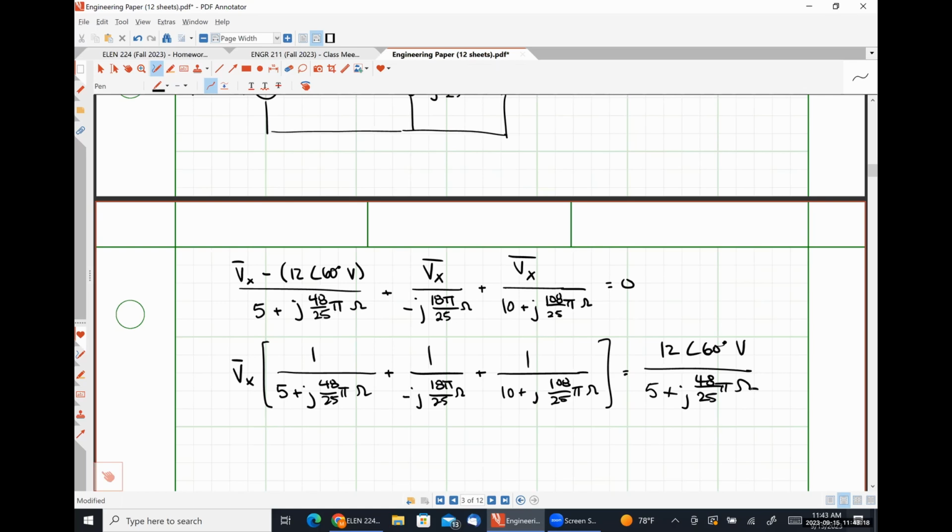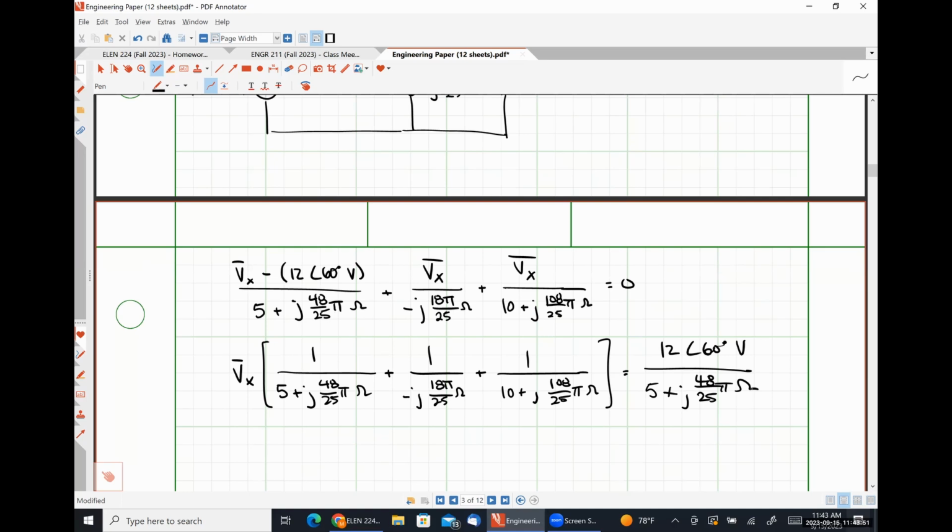One over 5 plus 48 pi over 25 times I plus 1 over negative plus 1 over 10 plus 108 pi over 25 I.